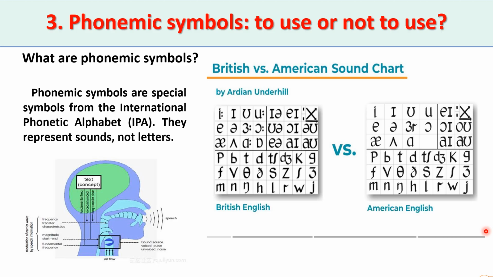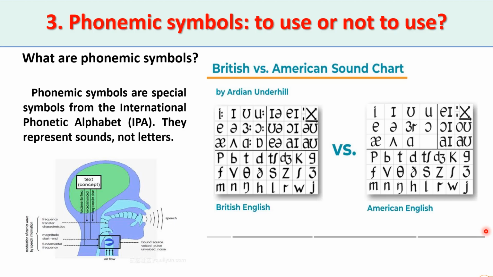In these pictures, British English and American English are slightly different. For example, in British English there are two dots on this vowel sound, and in American English there is no dot. That is a slight difference.